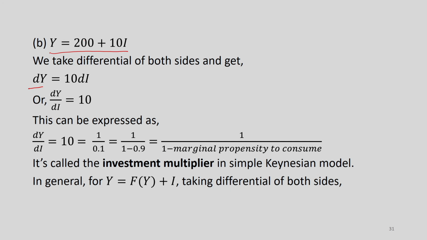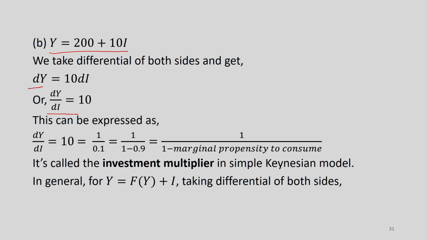Y and I are the variables, so we take the differentials and so we get dy is equal to 10 multiplied by di, and in the next step I simply get dy di is equal to 10.